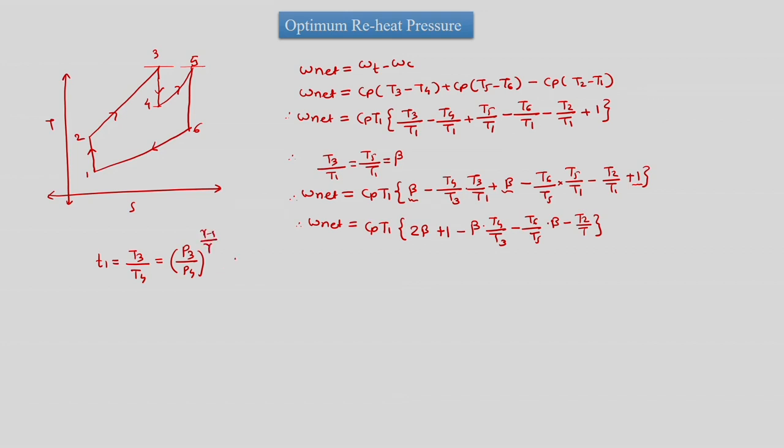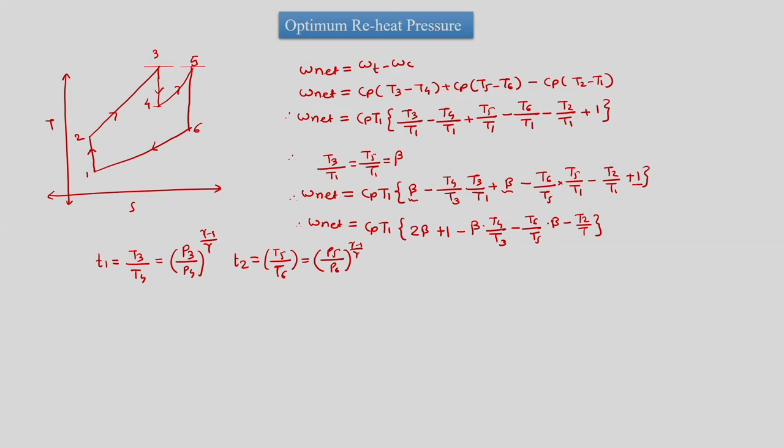We are assigning one more variable T2, which is basically T5 by T6, and then that is equal to P5 by P6 bracket raised to gamma minus 1 upon gamma.